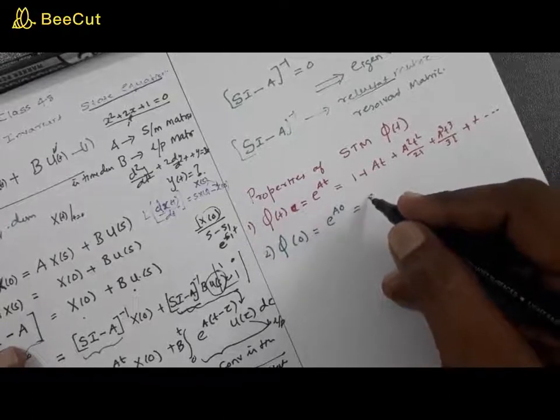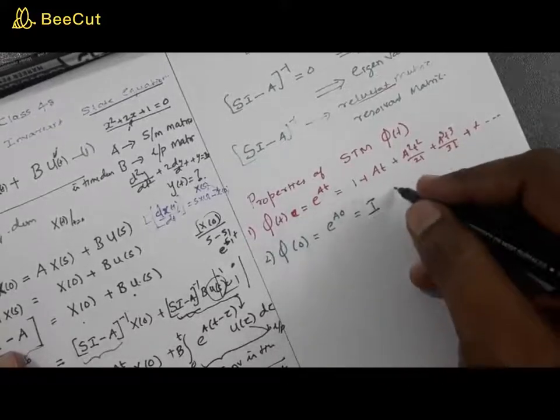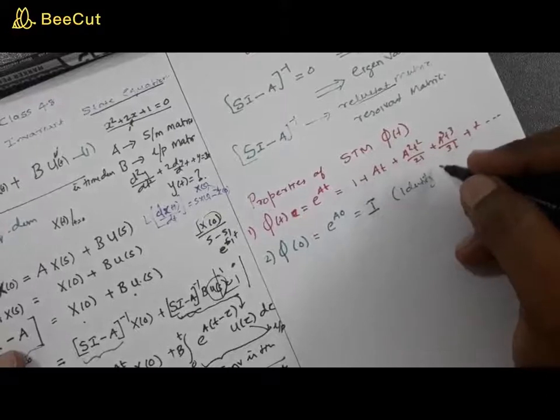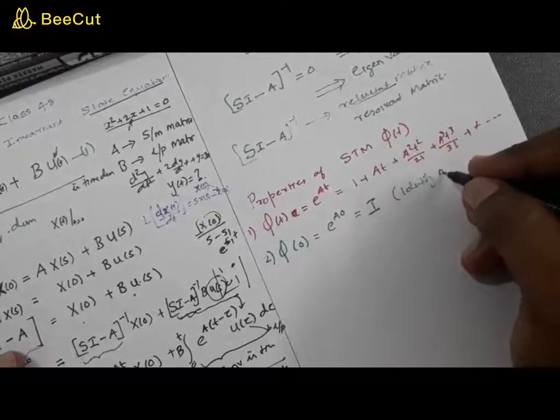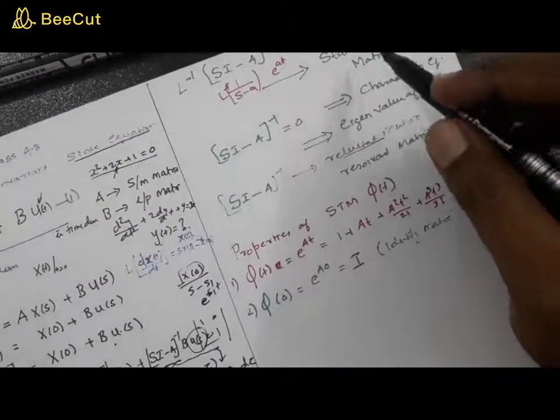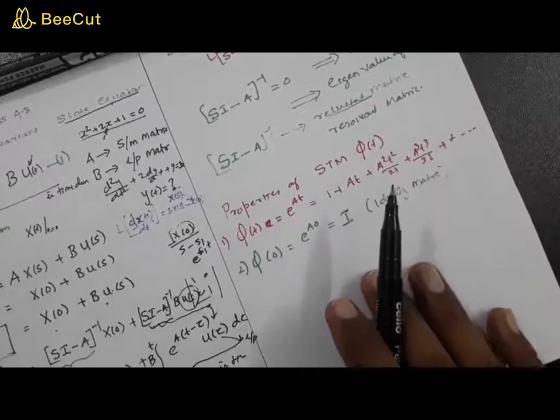In order to identify 1, we always represent this by I, meaning this is an identity matrix. So what is an observation from this identity matrix? That is, the state transition matrix at t is equal to 0 is nothing but the identity matrix.